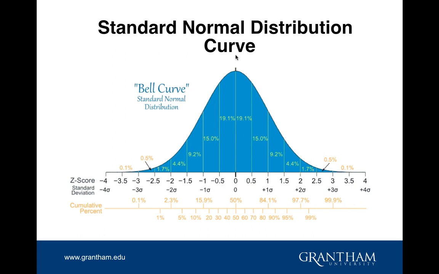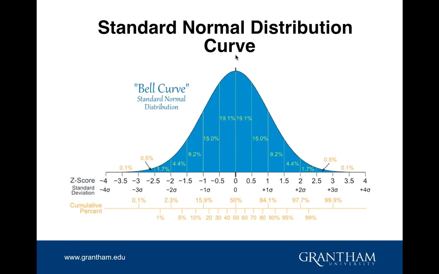That means the average value for the standard normal distribution is equal to 0. In addition, another identifying factor is that the standard deviation, here denoted by sigma, is always going to be equal to 1.